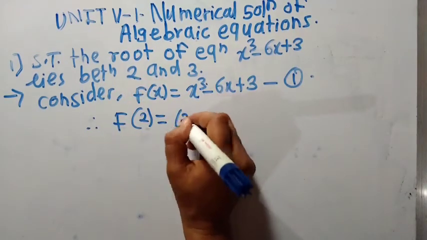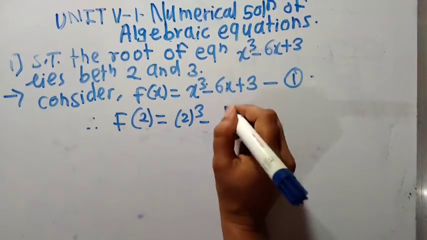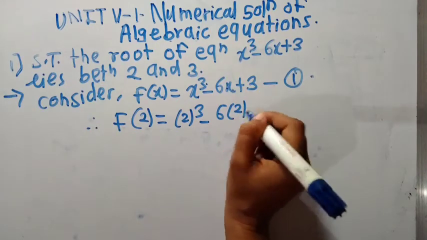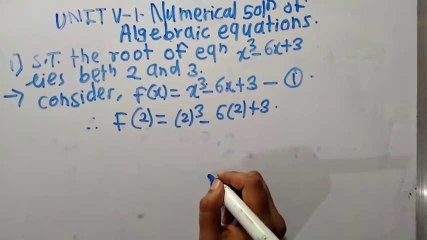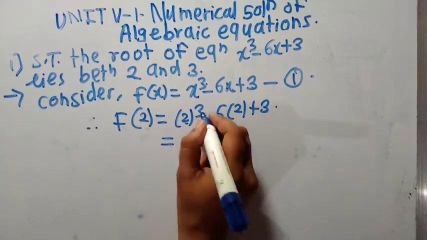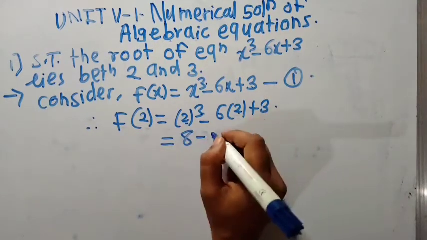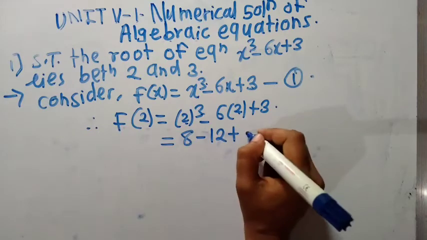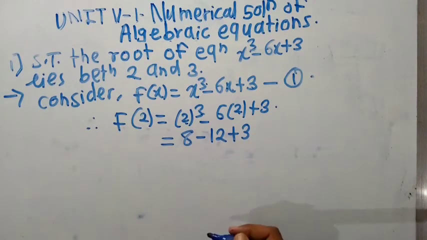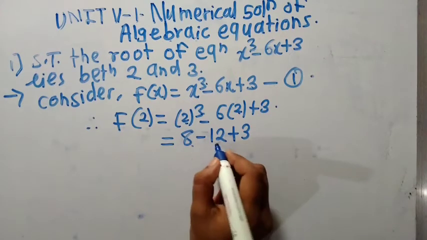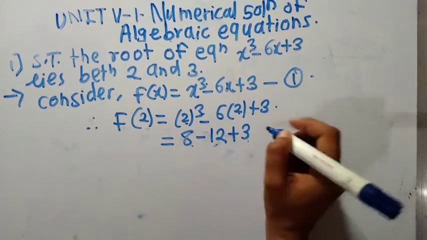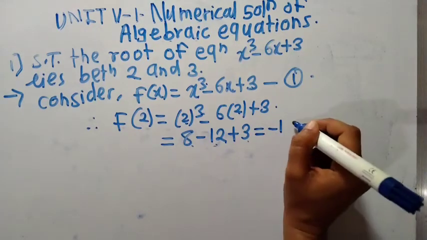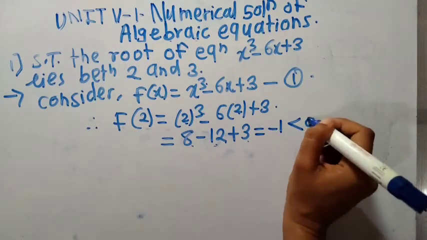So 2 cube minus 6 into 2 plus 3, which is equal to 2 cube is 8 minus 6 into 2 is 12 plus 3, and 8 minus 12 is minus 4 plus 3 is minus 1, and minus 1 is less than 0.